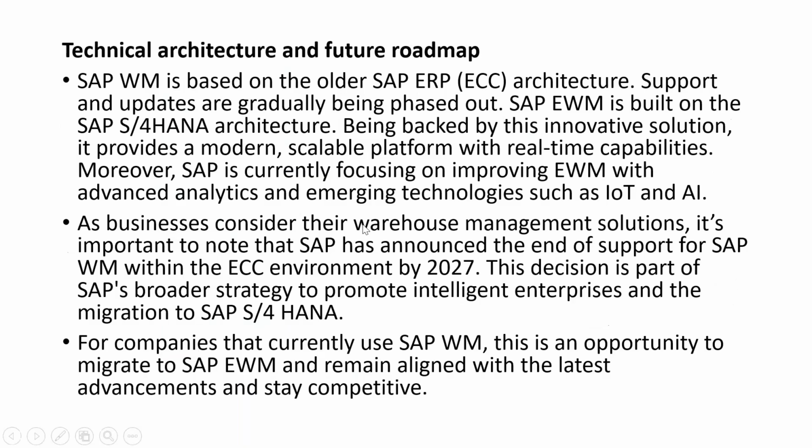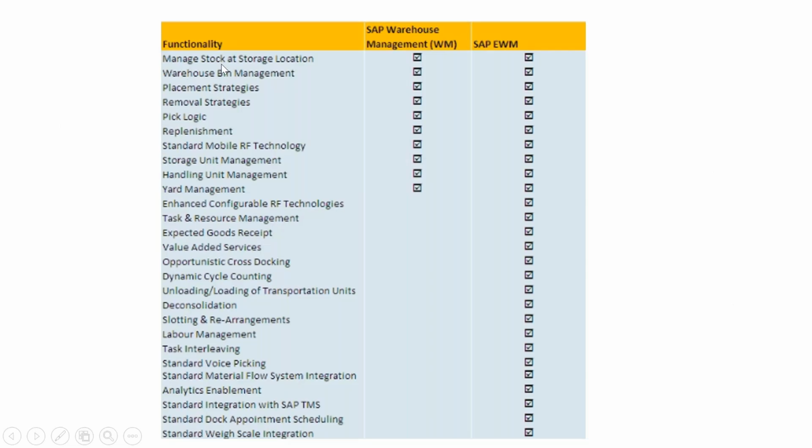And functionality wise, what SAP standard warehouse management can do and what SAP extended warehouse management can do. These operations, until here, until ad management, can be handled under warehouse management.